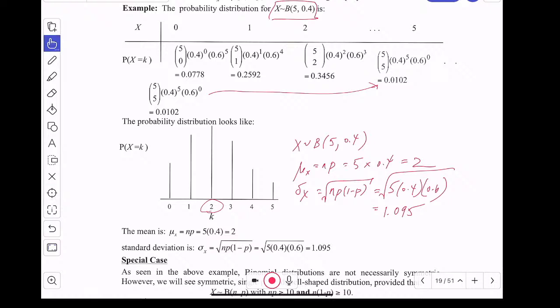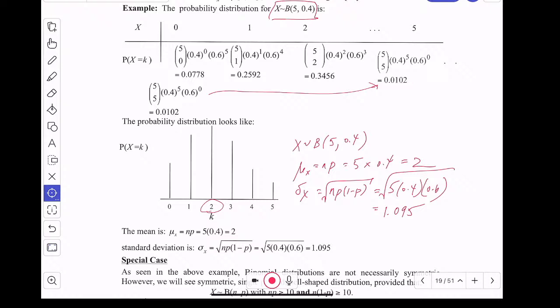It's very important because if we can assume that x is normally distributed, we can answer questions about what to expect using the normal distribution instead.